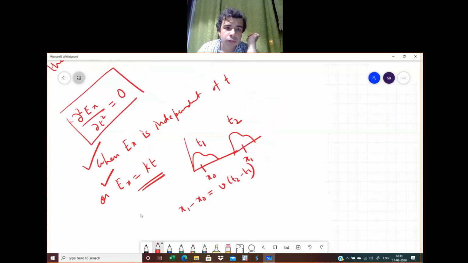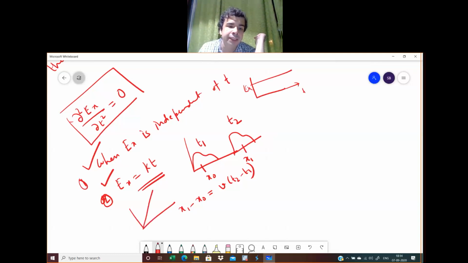Now, can these two possibilities be part of a wave? Ex independent of T means it is a constant line in the Ex versus T plot. The other possibility, Ex equal to KT, means a straight line rising with T. Do you think these could be waves?